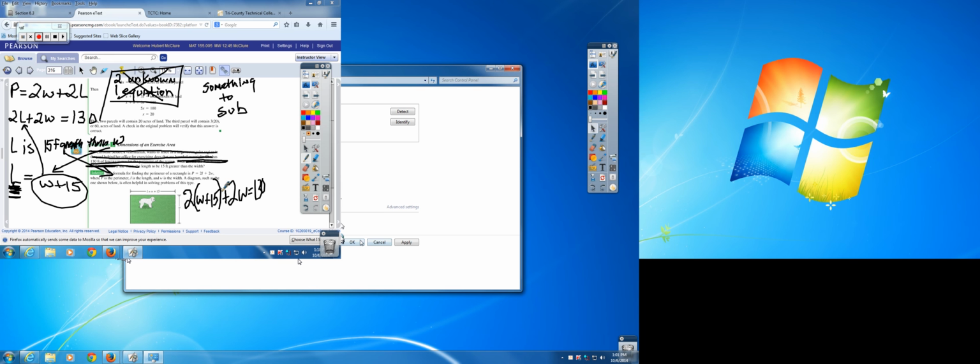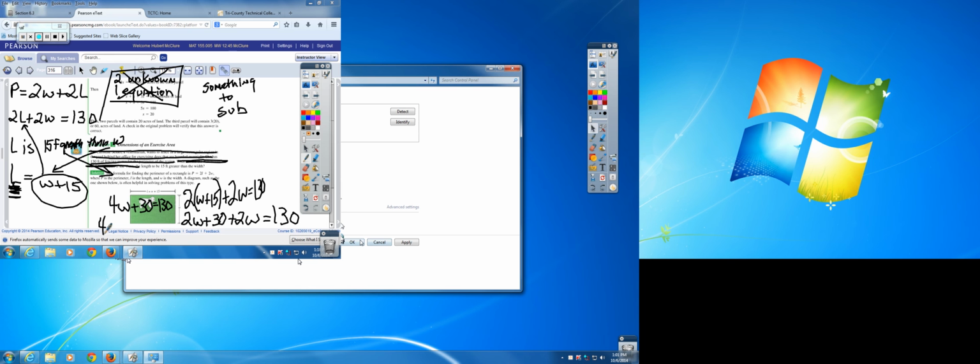I distribute, that'd be 2W plus 30 plus 2W is equal to 130. Now what? After you distribute, what comes after distribution? Combine what? What do we combine? 2W plus 2W is 4W plus 30 is equal to 130.